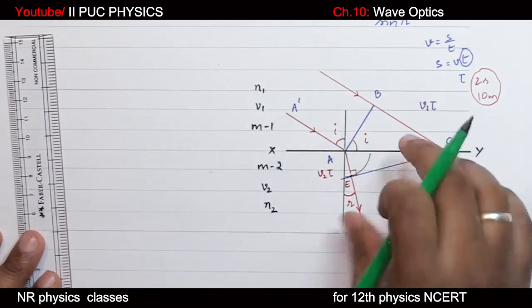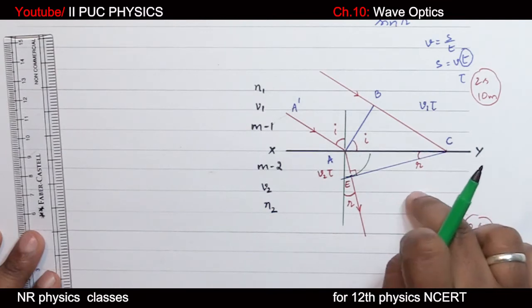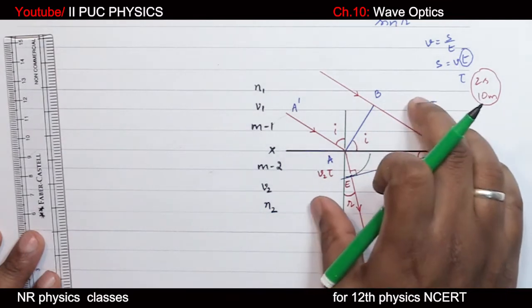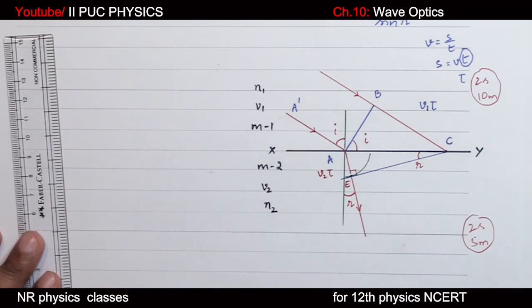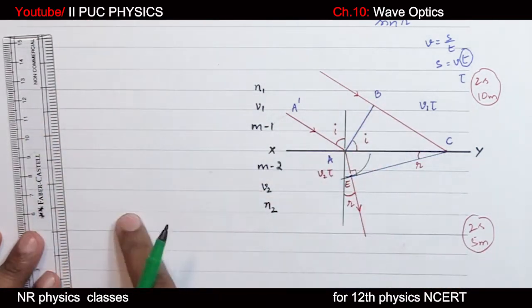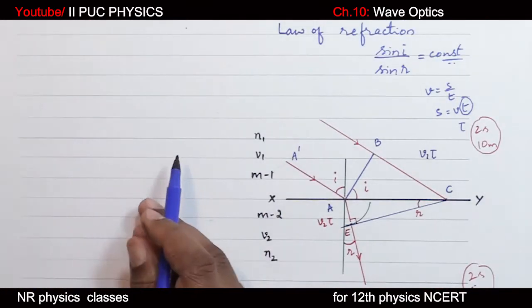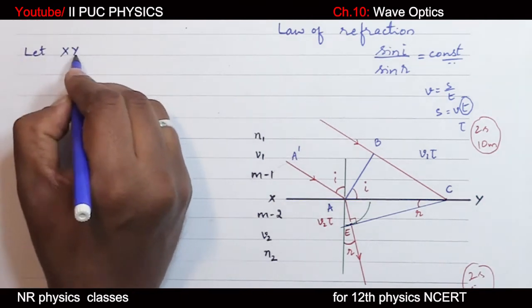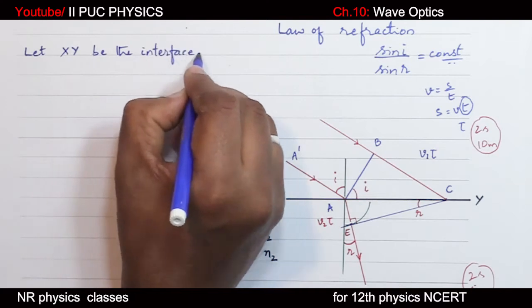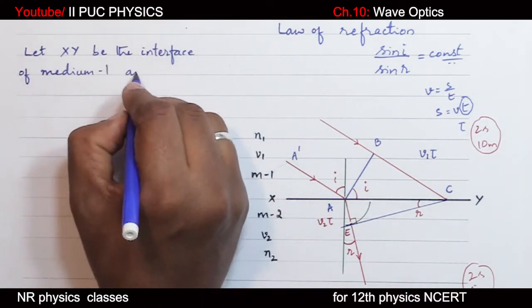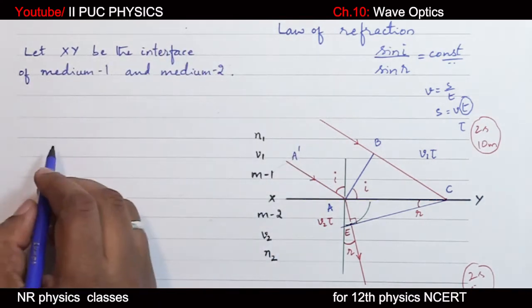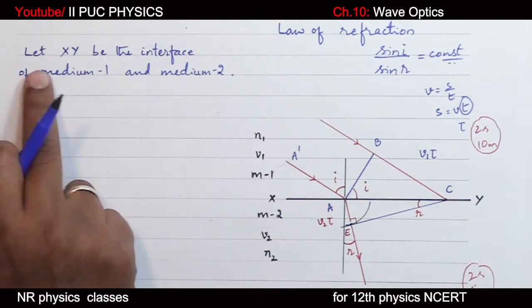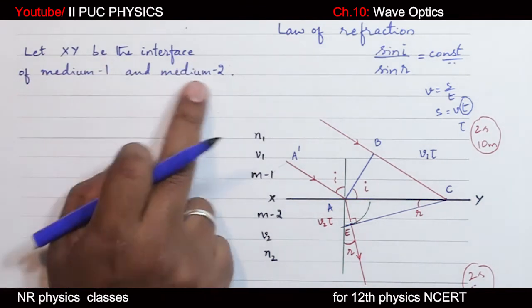But writing, don't spend more time. But to understand, spend more time. Now, all these things I should write here. Let xy be the interface of medium 1 and medium 2.